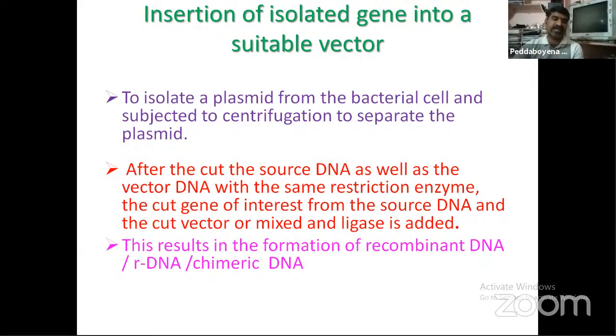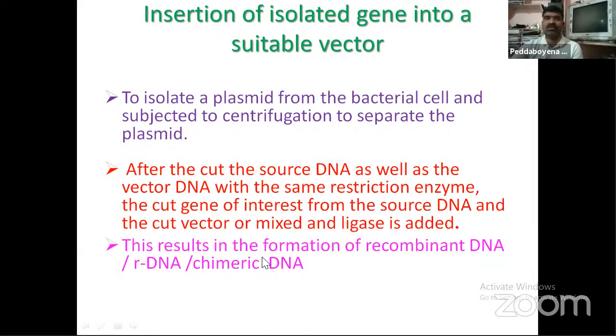That's when we get a new DNA. This DNA consists of two types of characteristic natures: one is the foreign or source DNA nature, and the remaining half shows the vector DNA. Both characteristic natures appear in the recombinant DNA. So the new DNA is called recombinant DNA, rDNA, and another name is chimeric DNA.